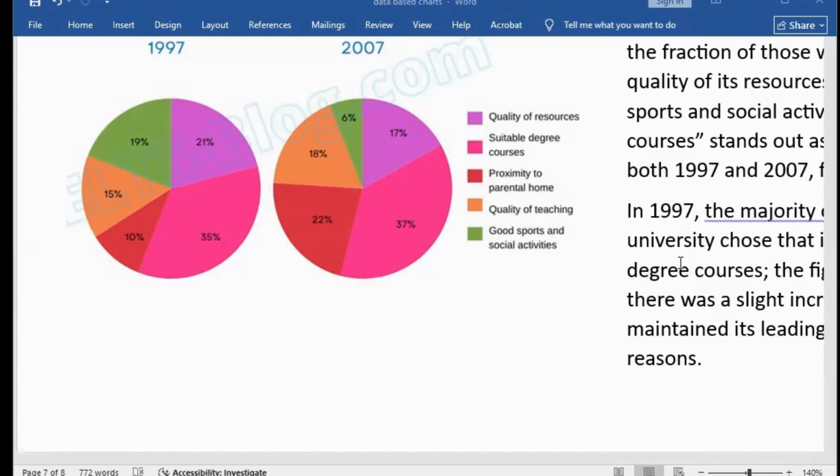Now, let me tell you why it's wrong to say purple. Well, some people might say it's okay to say purple, but for me, I think it's not right. Why? Because purple reduced during the period. The figure for purple reduced. And for my main body, I started with a category that increased.